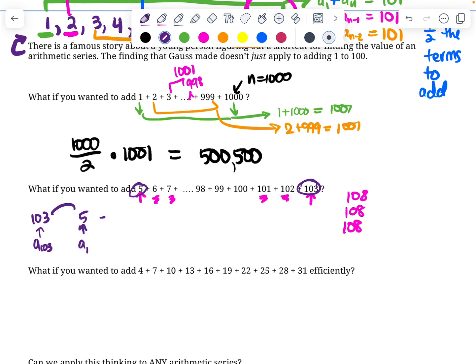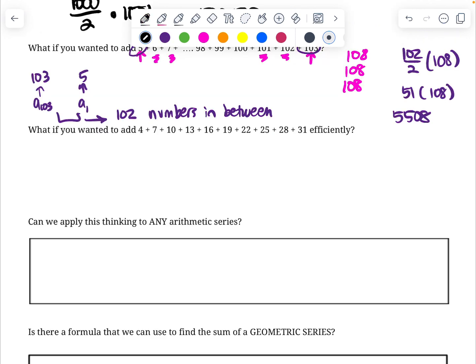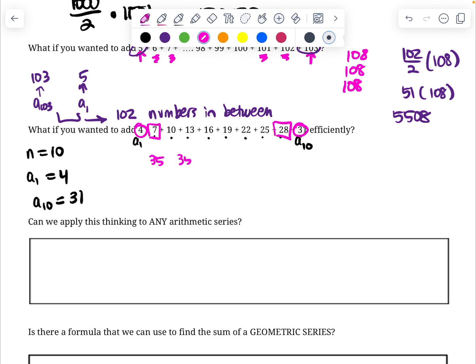But let's look at a much simpler version just to help us out. So this is A1, and this is A2, 3, 4, 5, 6, 7, 8, 9, 10. A10, okay? So we have a grand total of 10 numbers that we are adding up, right? We know that A1 is 4, and we know that A10 is 31. And if you look, 4 and 31, that's 35. 7 and 28, 35.